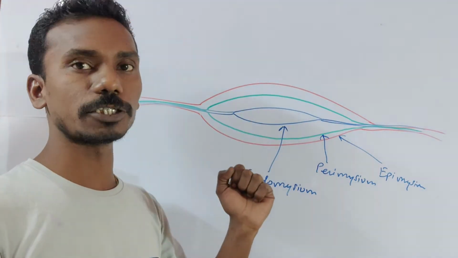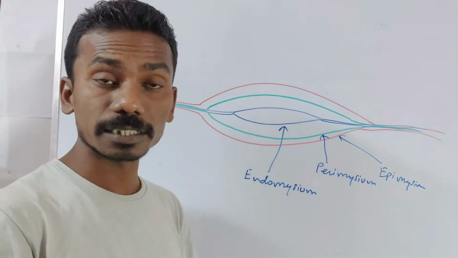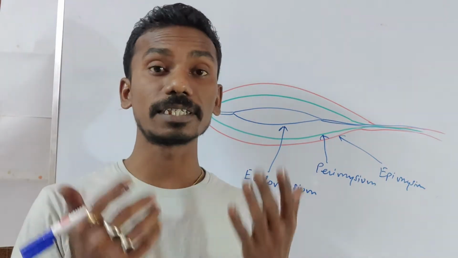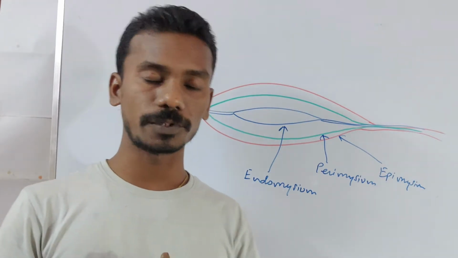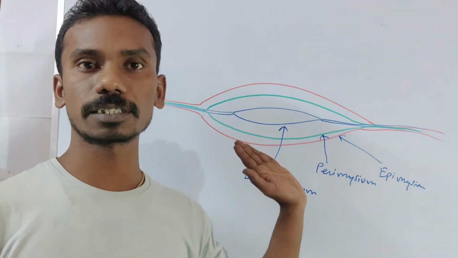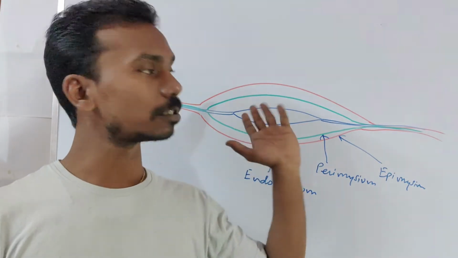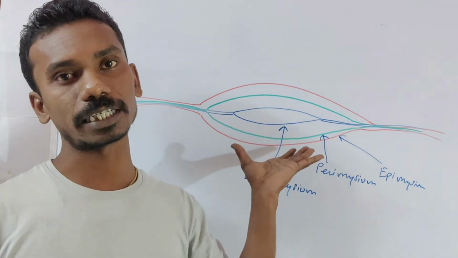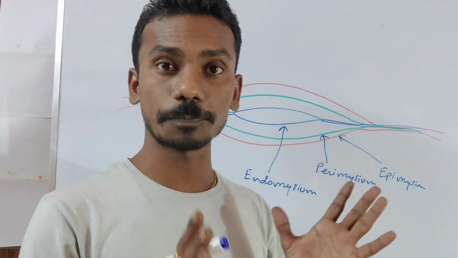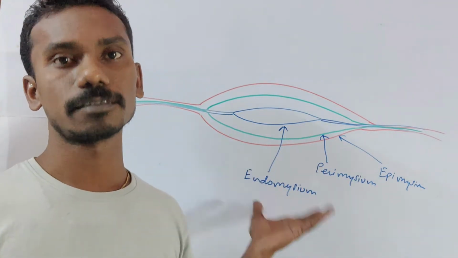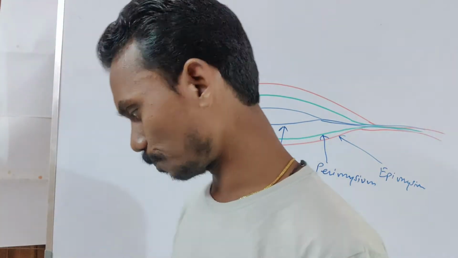And why are these connective tissues present here? To protect from the damage that would be caused by overstretching of the muscle. So that the muscle will not get overstretched, these connective tissues are present layer by layer. This is the basic concept behind the presence of these connective tissues.